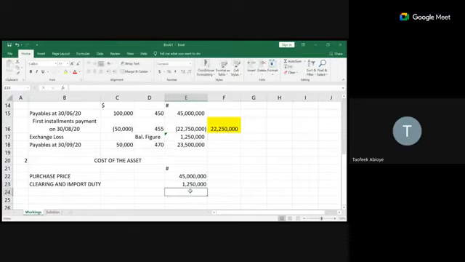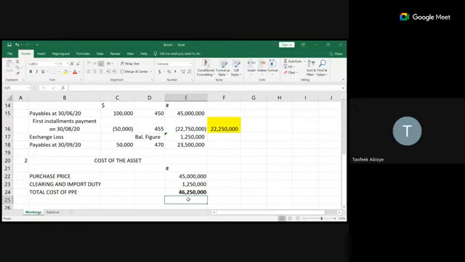So this is my total cost for PPE. So total cost of PPE is 45 million.